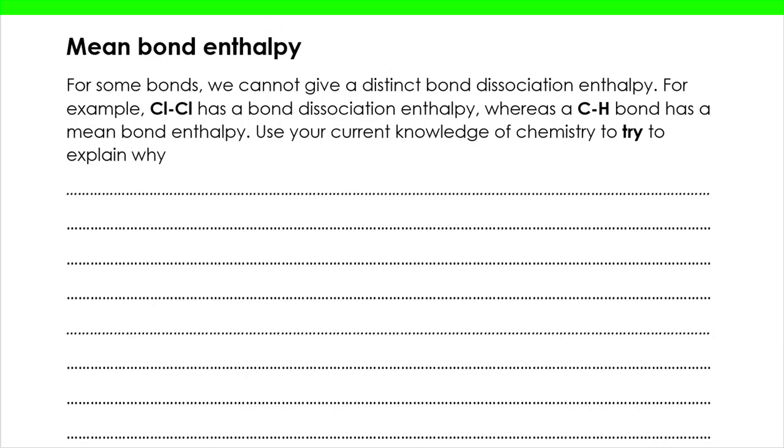Have a think about this question now. And we do need to consider that when we have Cl2, that is a bond dissociation enthalpy, whereas a CH bond, we would tend to talk in terms of a mean bond enthalpy. And the reason is this, that chlorine only exists in one environment. If I have a chlorine bonded to another chlorine, I don't have anything else bonded.